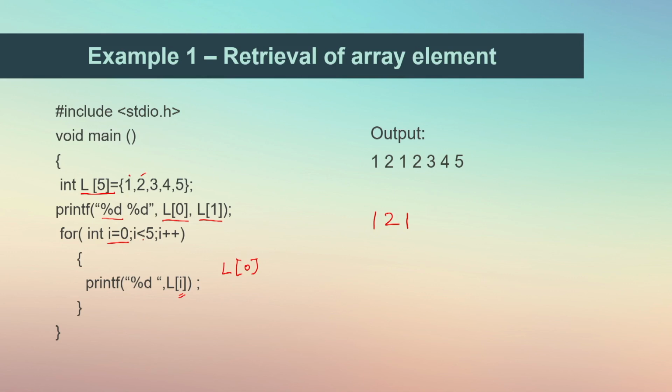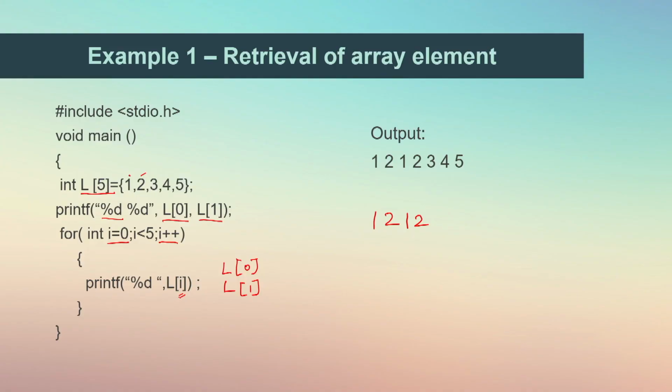The I value is incremented by 1, so I becomes 1. Inside the loop, L of I is now represented as L of 1, which is nothing but the value 2, so it displays the value 2. Then the loop iterates again with the I value incremented by 1 to 2. It displays the value of L of 2, which is nothing but the value 3.